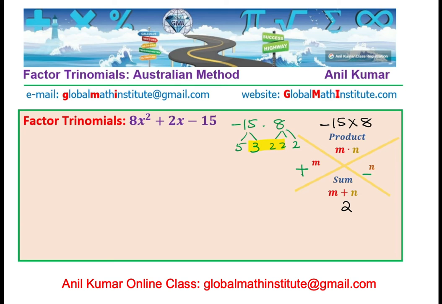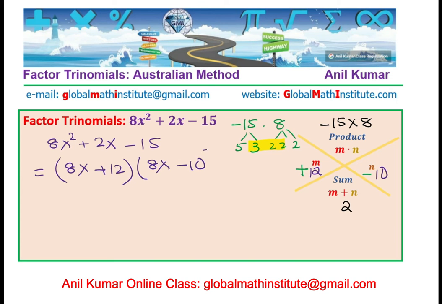So the two numbers are plus 12 and minus 10. It works, right? So now 8x squared plus 2x minus 15 can be written as 8x first term plus 12, right? And then we have 8x minus 10. We have to divide by 8, right?